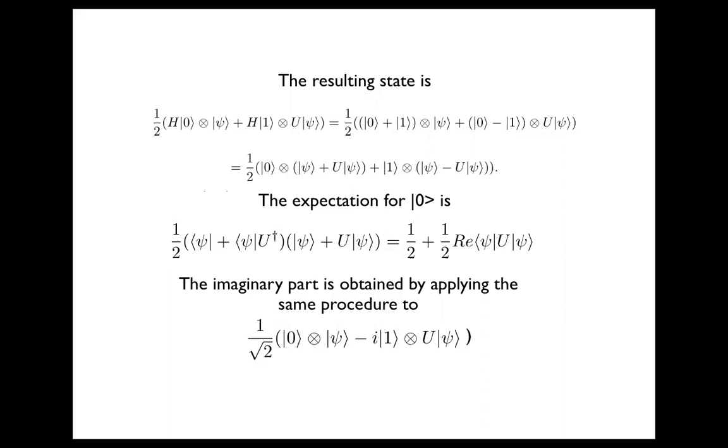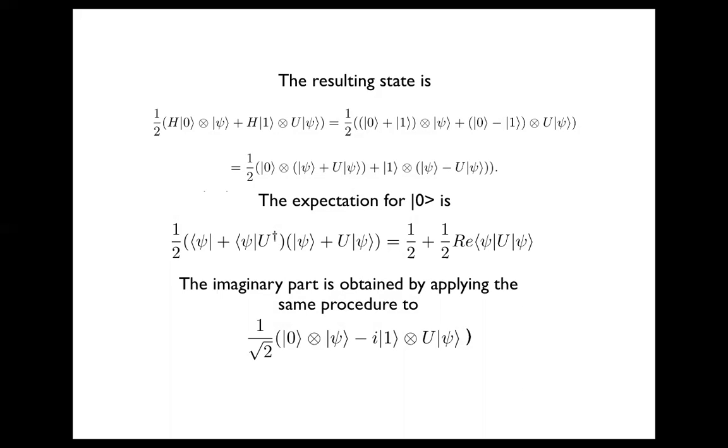And then I'm going to look for the expectation of 0, which is going to be equal to the psi plus U psi times its ket. And that gives me the inner product of those.